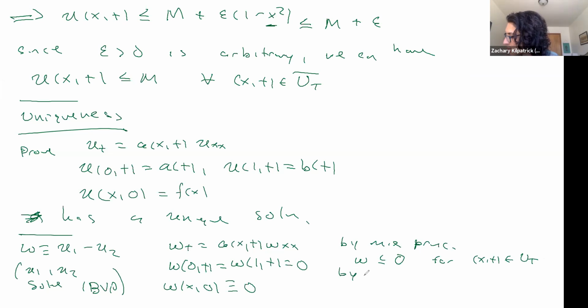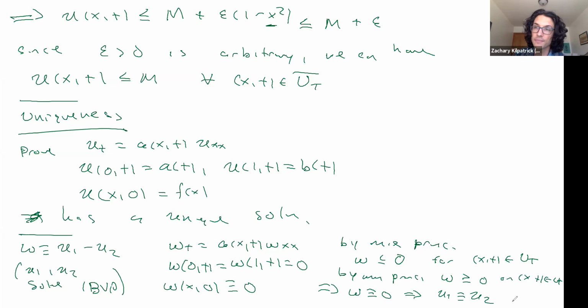And also then by the min principle, w is greater than or equal to 0 on (x,t) in here. So this implies that w is explicitly equal to 0 and u1 is equal to u2. All right, so takes a lot less breath than constructing the energy function argument.